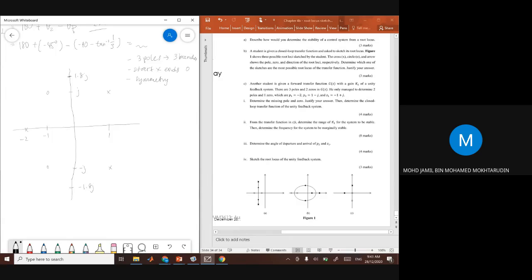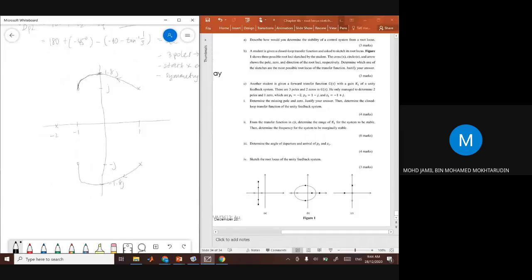Okay, so the root locus will be something like this. Okay, it arrives vertically. Okay, so the direction is from poles to zero, and then another branch is from this pole here to infinity.